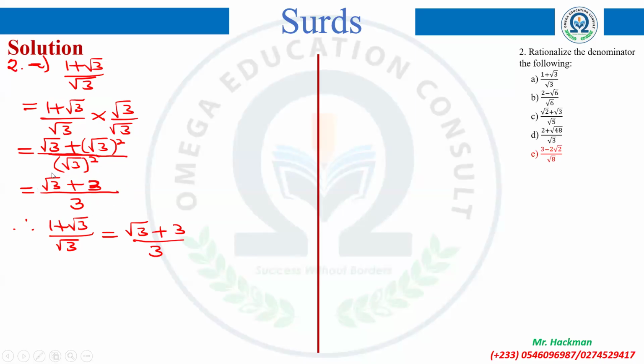Okay, initially, that's what you had in your mind. I've dispelled that misconception, so I don't have to see that again. You can't cancel. If you want to cancel, then you have to separate. It will be root of 3 over 3 plus 3 over 3. Then in that case, you can cancel. But if you cancel this, you've not been fair to this because this is also dividing this. If you cancel it, where will it divide? You get it?